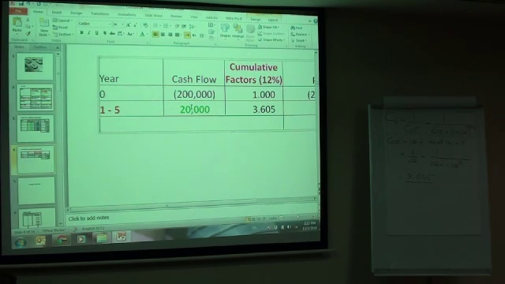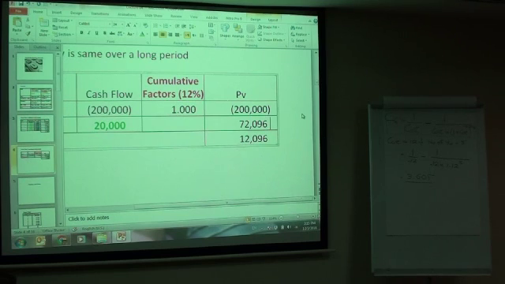And what Champika will get is 20,000, but forever. So the only thing missing in this whole calculation is what is the cumulative factor for 12% forever. What is the cumulative factor? 12% forever. So if we know this, we are good.